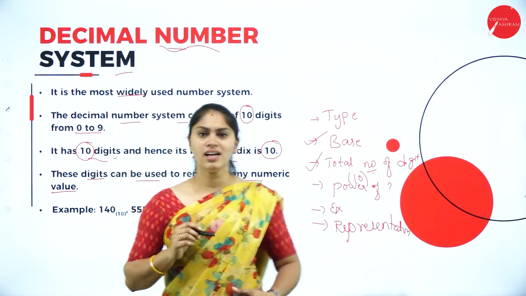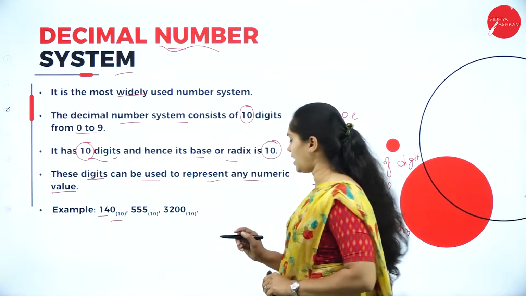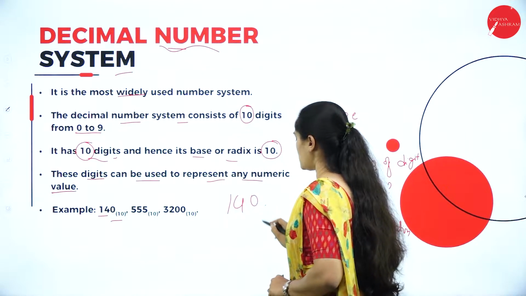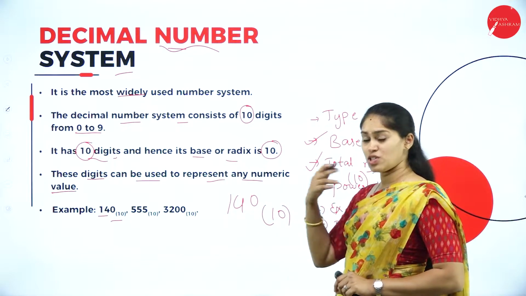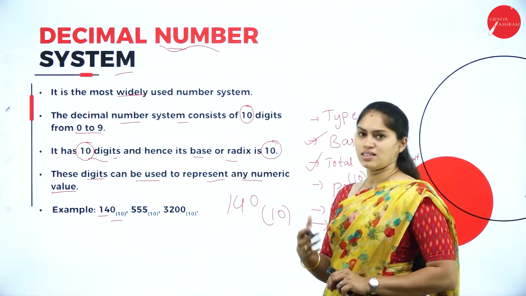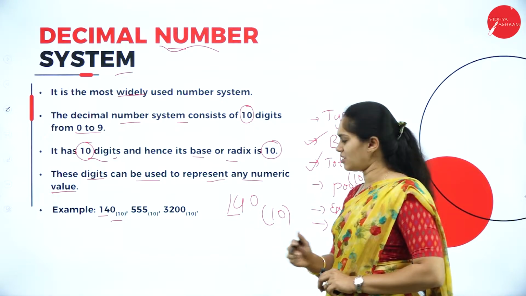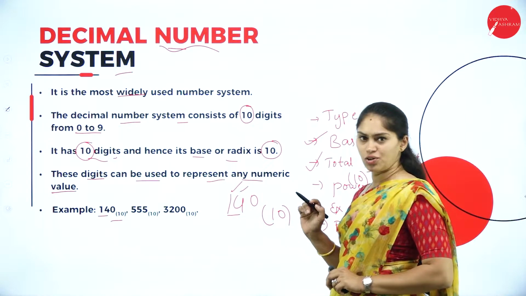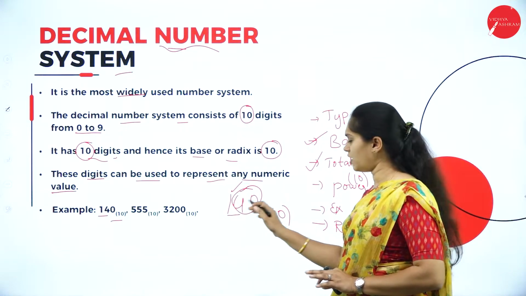Here you can see the example. So what is that? 140. The base or radix is 10. So here in 140, no digit should be beyond 9. That means here I should not consider this as 14. I should consider this as 140. Or else I should not consider this as 1 separately and 40 separately.